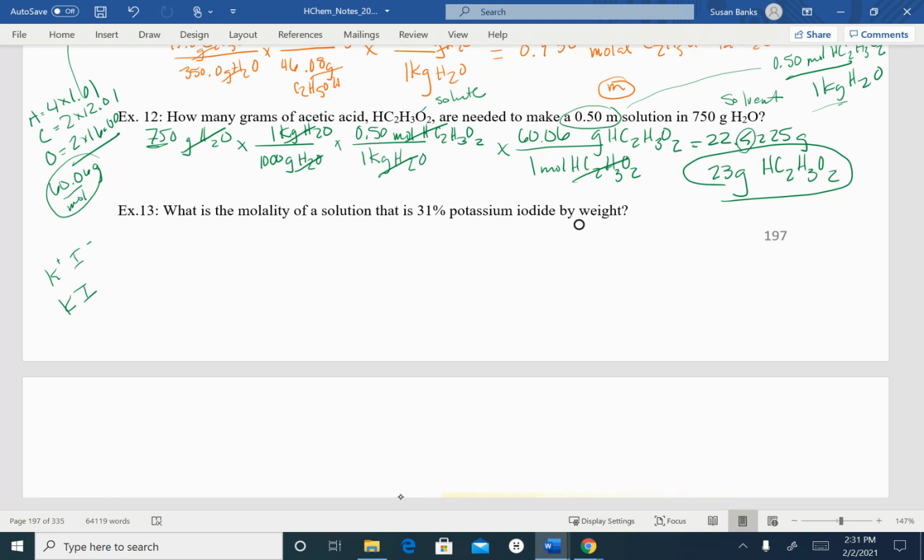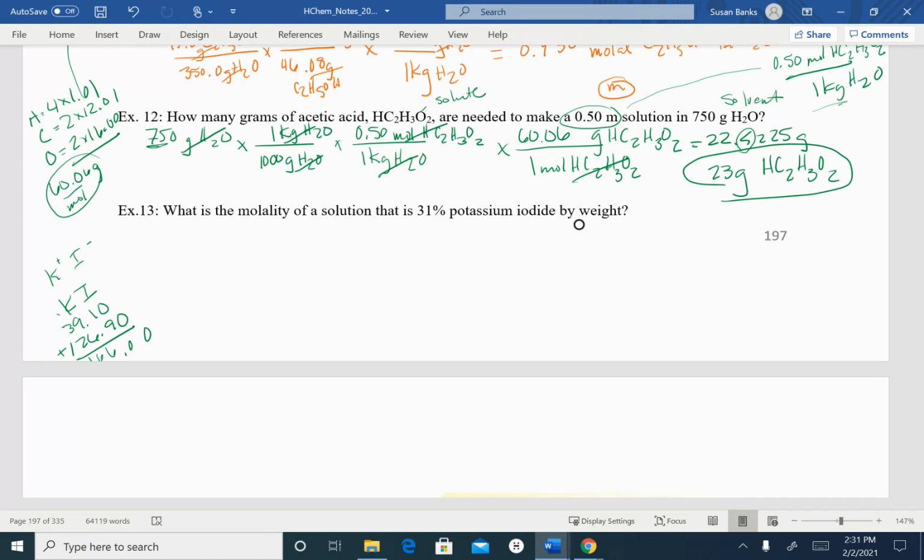So potassium is 39.10 and iodide is 126.90. So we're going to add that up. So we'll get a molar mass of 166.0. Okay.